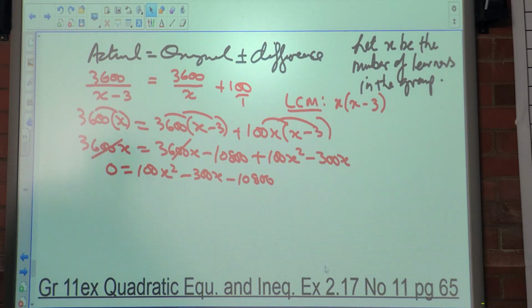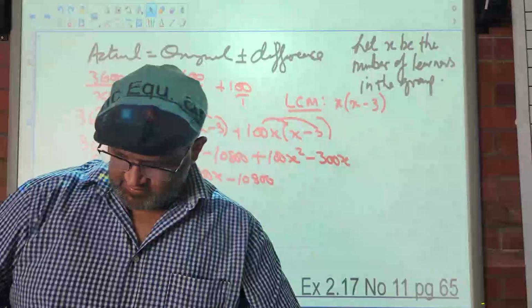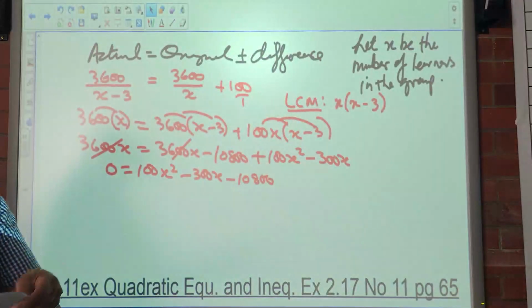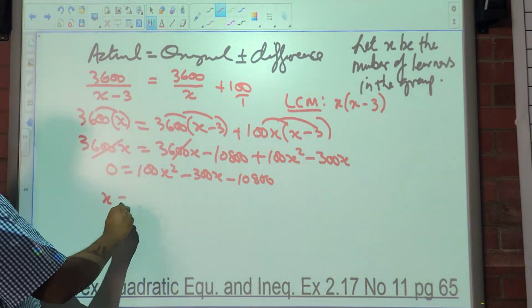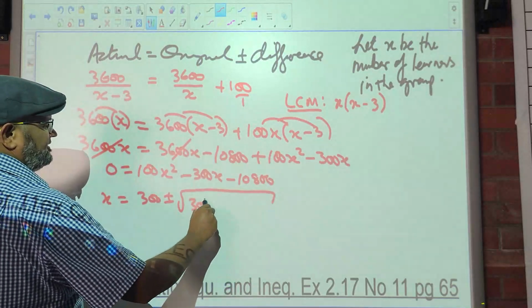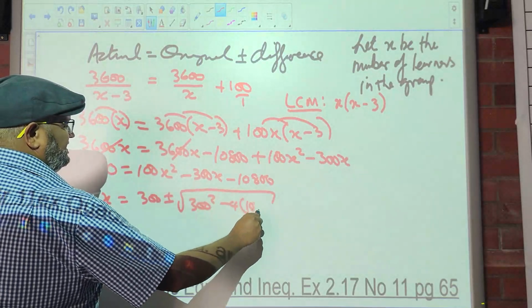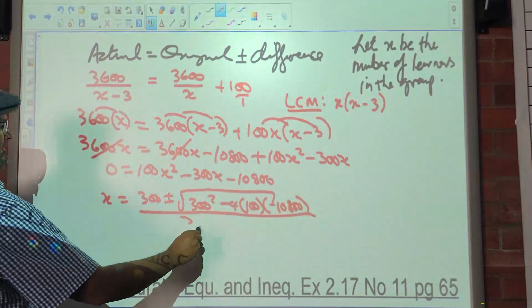Okay. So what I'm going to do is I'm going to use the quadratic formula. The quadratic formula is x is equal to minus b plus or minus the square root of b squared minus 4ac, over 2a.